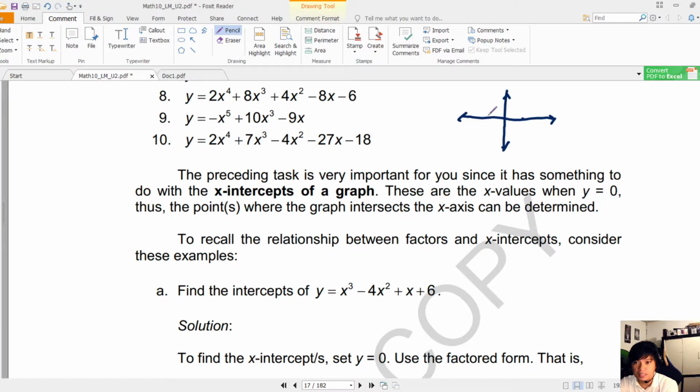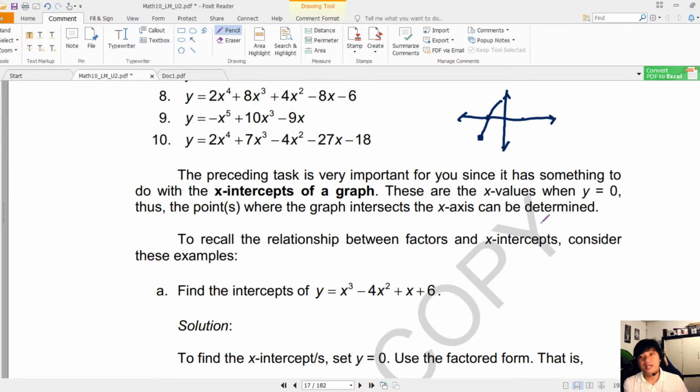So, halimbawa, negative 2 dito. So, dadaan dito yung graph. So, yun yung ibig sabihin ng x-intercepts. So, these are the values, the x-intercepts of a graph. These are the values when y is equal to 0. Thus, the points where the graph intersects the x-axis can be determined.